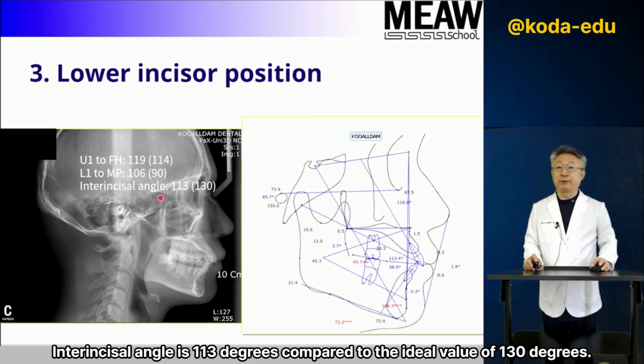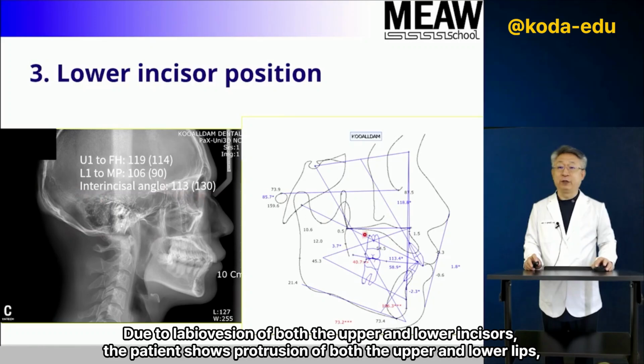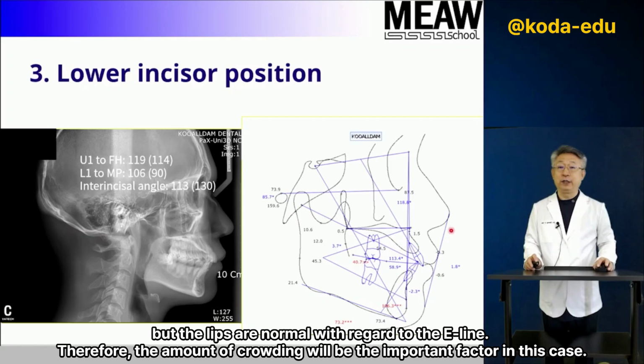Interincisal angle is 113 degrees compared to the ideal value of 130 degrees. Due to labioversion of both the upper and lower incisors, the patient shows protrusion of both the upper and lower lips. But the lips are normal with regard to the L-line. Therefore, the amount of crowding will be the important factor in this case.